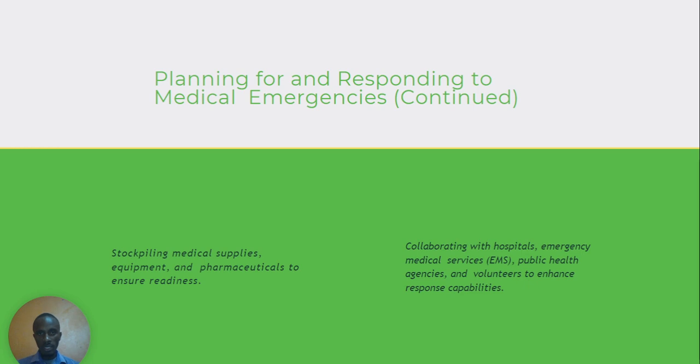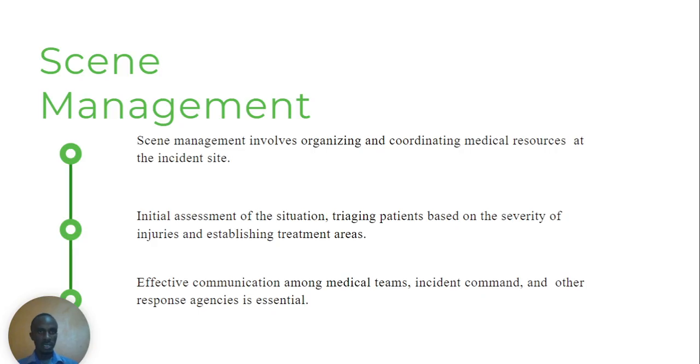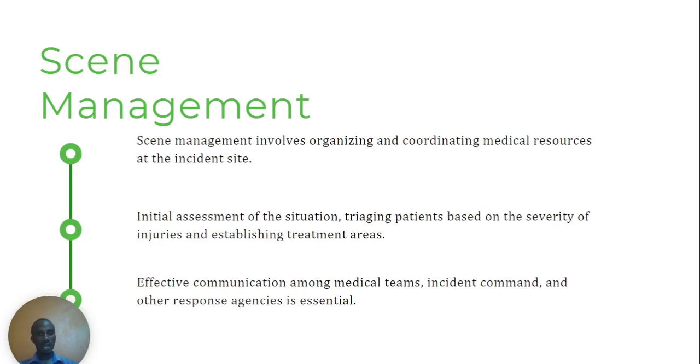Then collaborating with hospitals and emergency medical services, which are called the EMS or the ambulances. The public health agencies and volunteers can enhance response capabilities. Then we have scene management, which involves organizing and coordinating medical resources at the incident site.